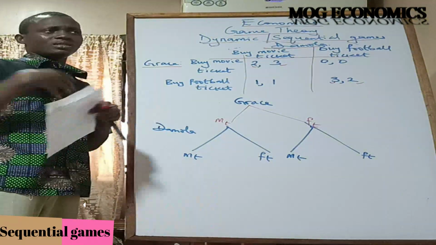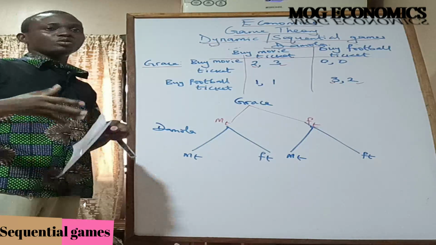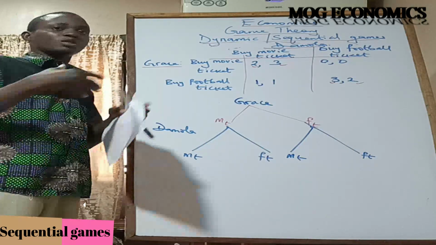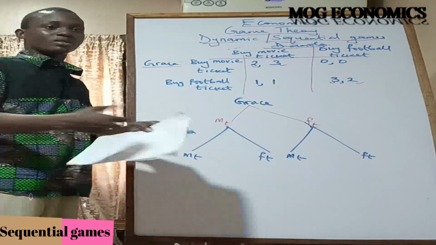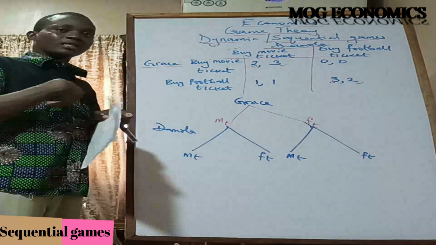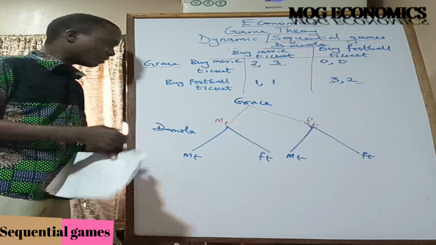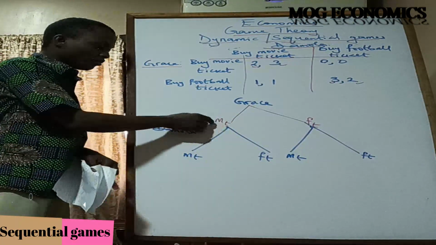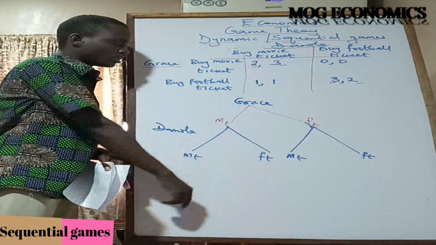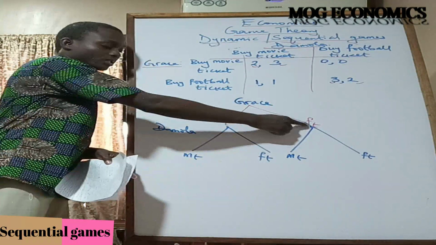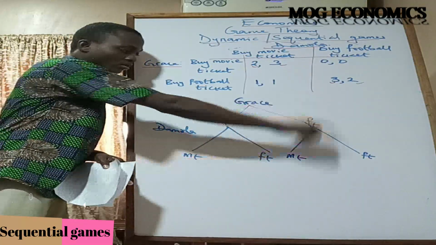The second player may not necessarily know exactly what the first player did, but he or she knows that the first player has moved, taken one strategy, and then reacts to that. So if Grace buys a movie ticket, Damola can buy a movie ticket too or a football ticket. If Grace buys a football ticket, Damola can buy a movie ticket or a football ticket.